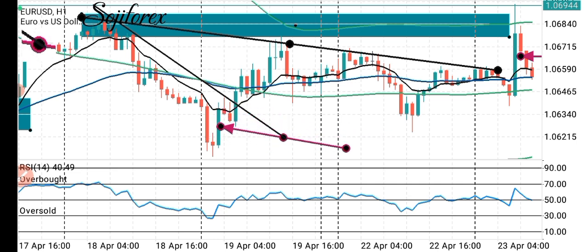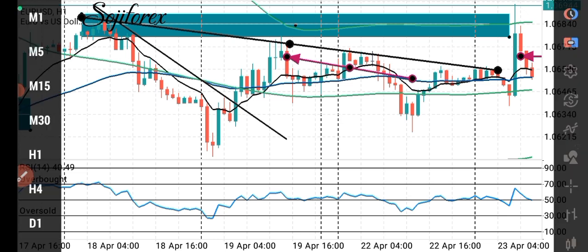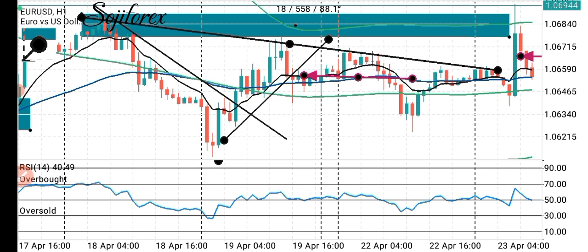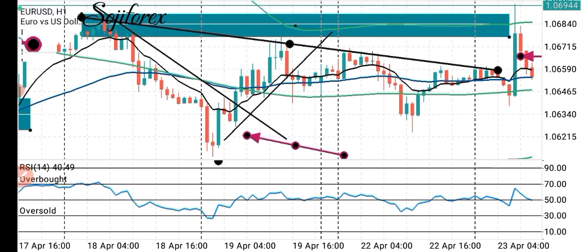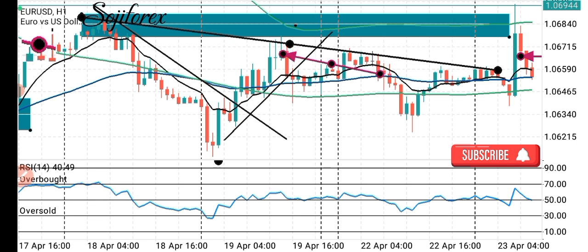So when price is going back inside my indicator, I will pick up a trend line and mark it out this way. So having established this, price pulled back into my indicator.